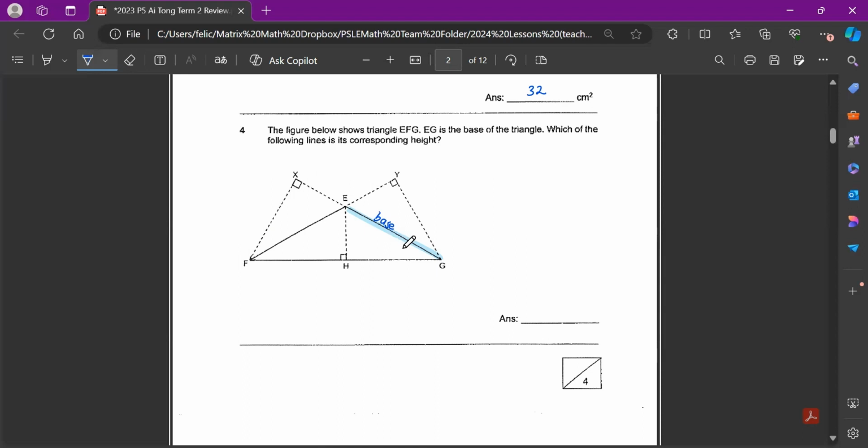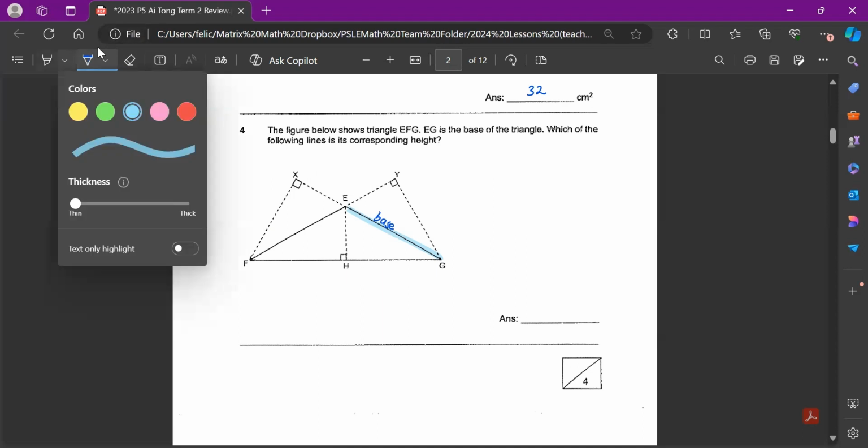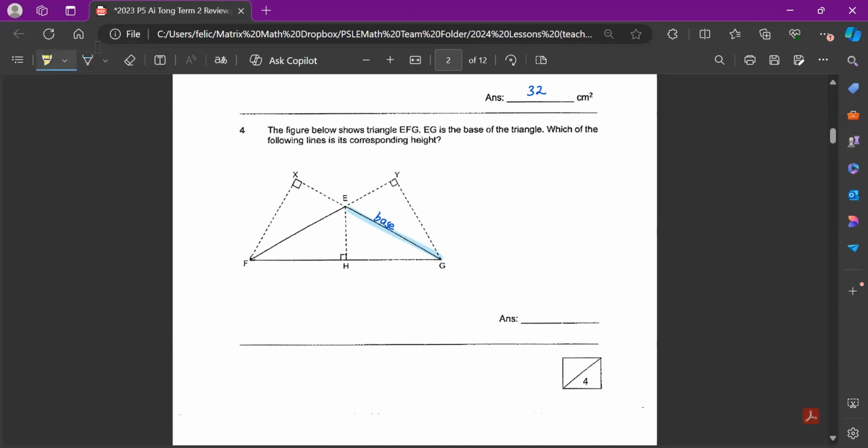So once you have rotated your paper, I hope you are able to tell that the perpendicular height is in fact this line, because that line is the one that is touching the corner opposite the base. You see the base is EG, the corner opposite EG is F. So this yellow line is dropping down from F, and this yellow line is also a perpendicular line to the blue line.